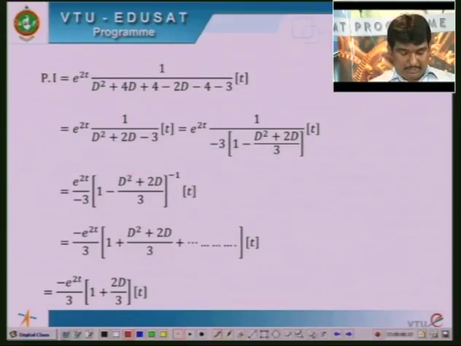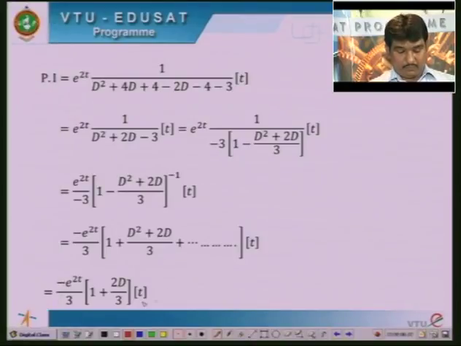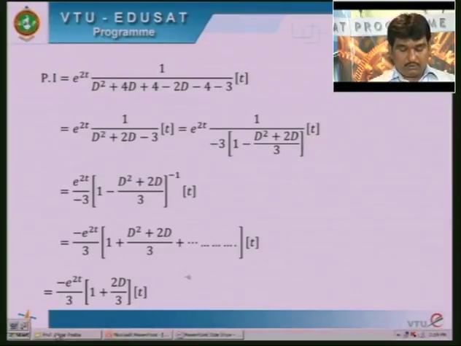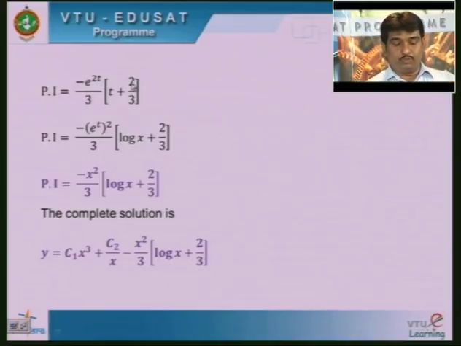Now you multiply, of course in the second case you operate it. Minus e to the power of 2t by 3, when you multiply it is t plus 2 times derivative of t, which is 1, so only 2 by 3 remains. Next you convert it in terms of t.